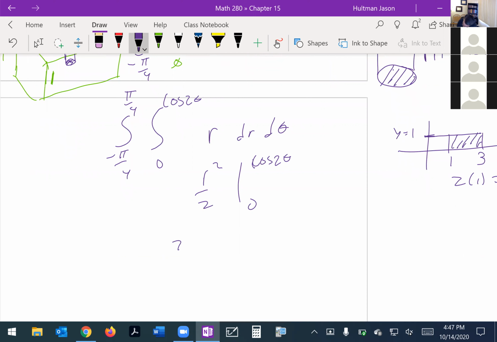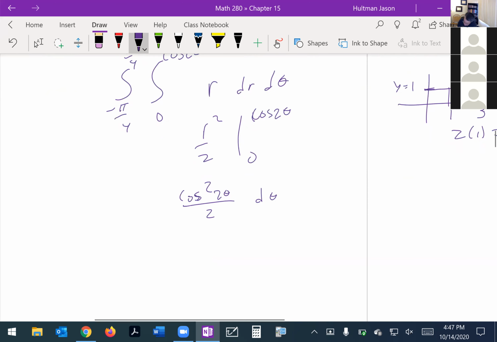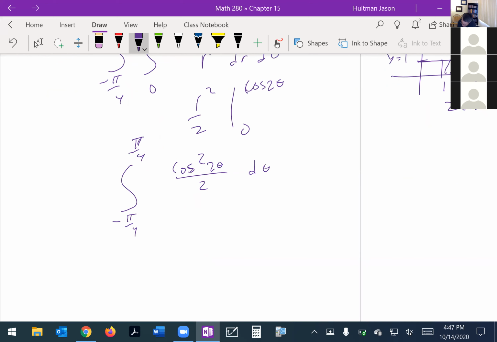So this becomes cosine squared 2 theta all over 2 d theta, from negative pi over 4 to pi over 4. Yes, there's going to be some symmetry here with respect to theta, but let's keep negative pi over 4 to pi over 4. Now we've got to figure out how to deal with this guy.